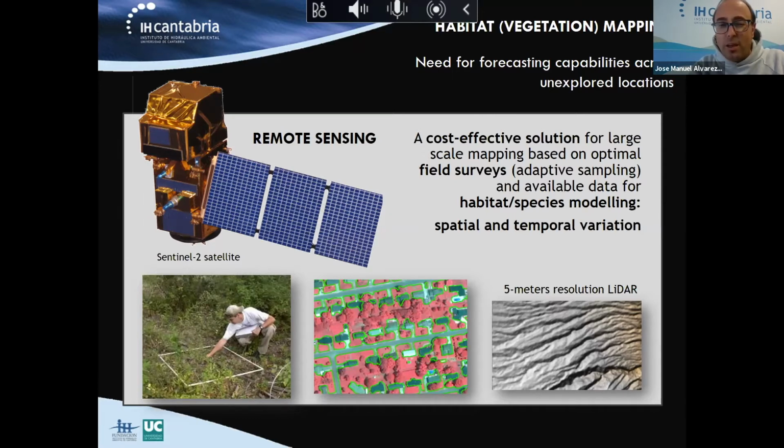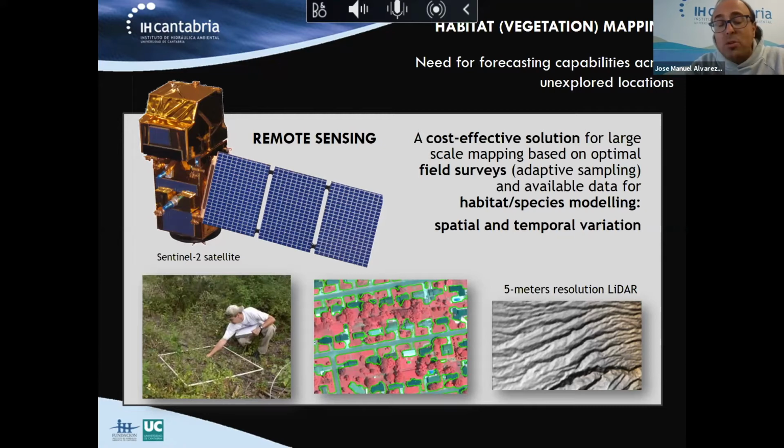The good part of the picture is that in situ data, I will repeat this quite a lot of times during my presentation, is complemented by remote sensing, or better, remote sensing complements the in situ data capabilities. It's a cost-effective solution that allows us to enlarge the observations from the local points where we observe, because we can never observe the whole territory.